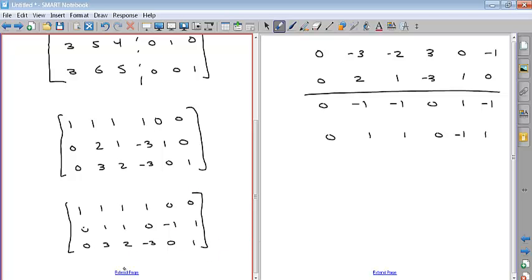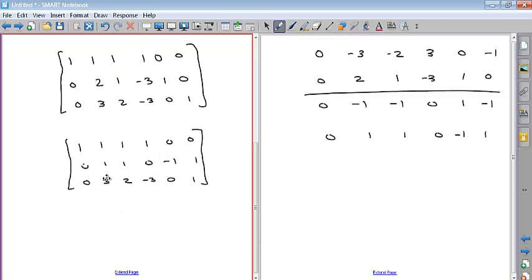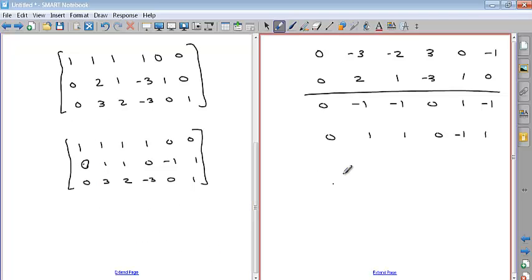Okay, now, I want to get a 0 here. So if I take the second row, which is this thing right here, and I multiply by negative 3. So take this row, I multiply everything by negative 3, like that. And then I add that to the third row.